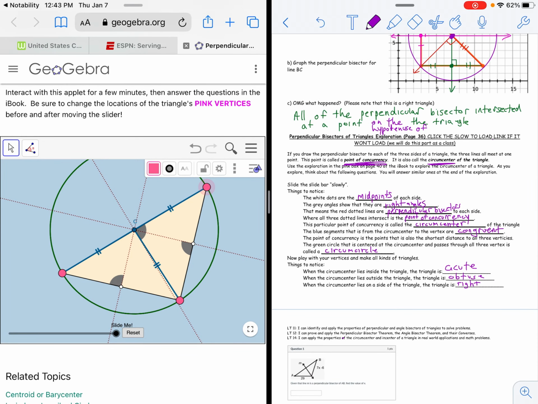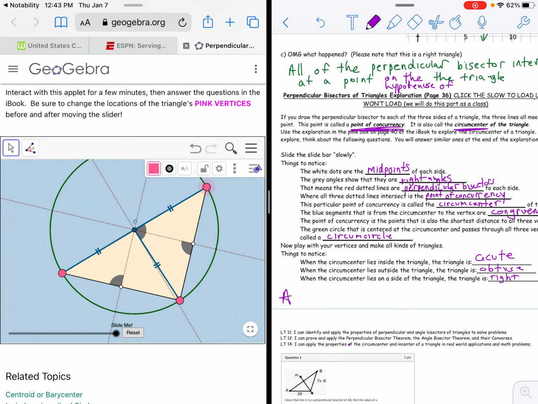All right, now let me see if I have a good picture down. We'll just write this down. Little star.